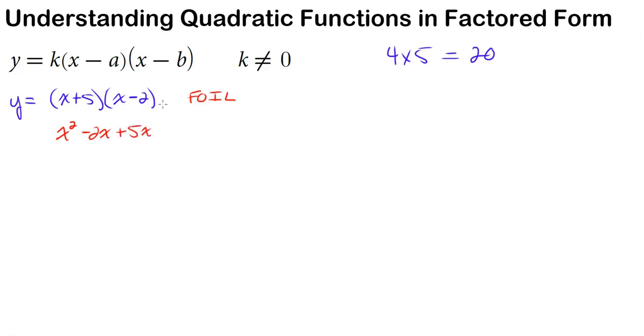And last, 5 times negative 2 is negative 10. Combining the like terms in the middle, negative 2x plus 5x is 3x. So we get x squared plus 3x minus 10. If I write this as y equals x squared plus 3x minus 10, this is a quadratic function in standard form.